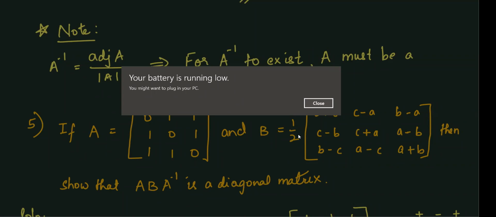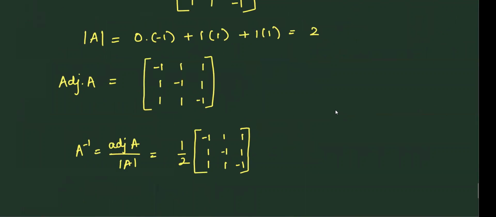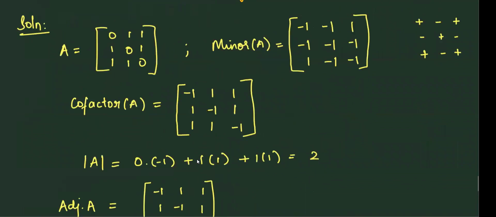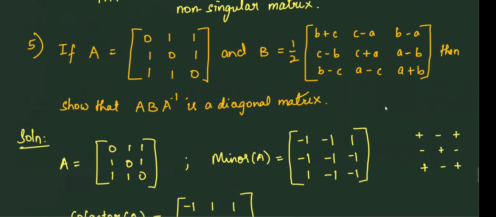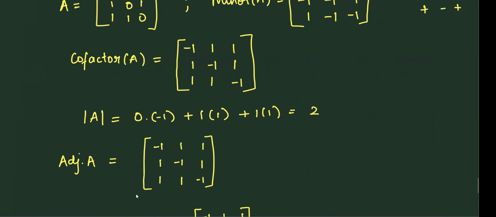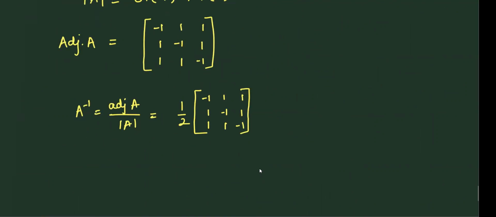So A, multiplied by B, and then this multiplied with A inverse. We have to show that it's a diagonal matrix.